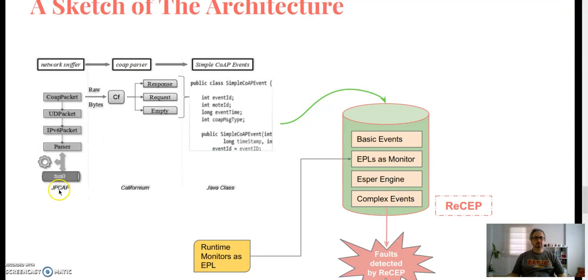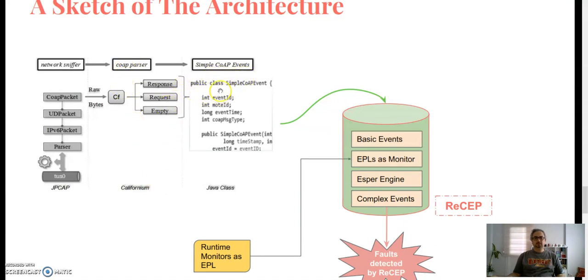We've used open source packages and applications in order to develop our solution. We've used the JPCAP library in order to capture network packets. Then we altered some part of Californium, which is an open source implementation of the web protocol.